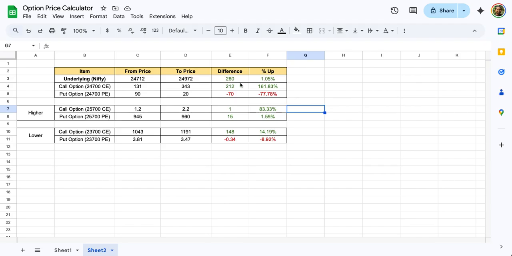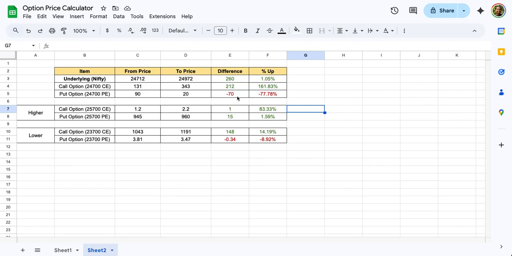Now just note, interestingly, what I was telling earlier. First, the movement of the underlying, which is 260, is not the same in the call option and the put option. It is not like the call option moved 260 points up and the put option moved 260 points down. No, it is not that. Second, the movement of the call option price and the put option price are not the same. It is not like 112 and 112, or 250 and minus 240, close by.